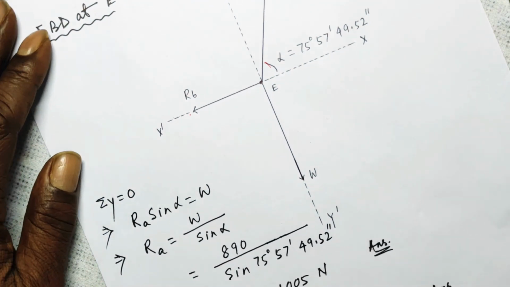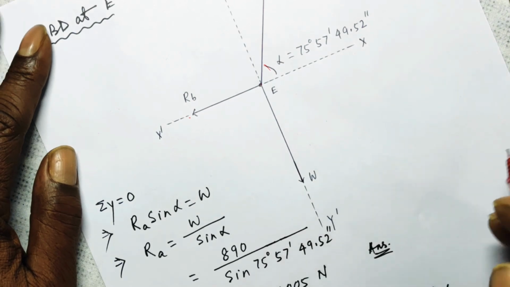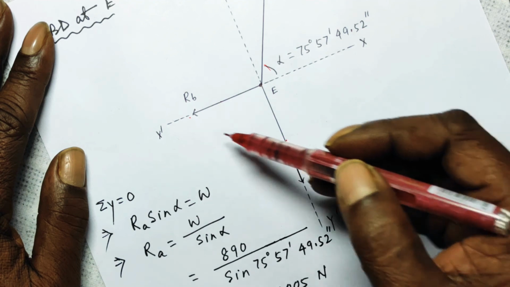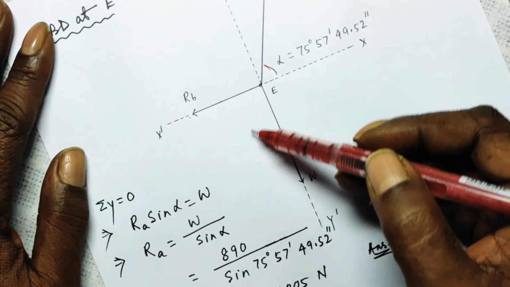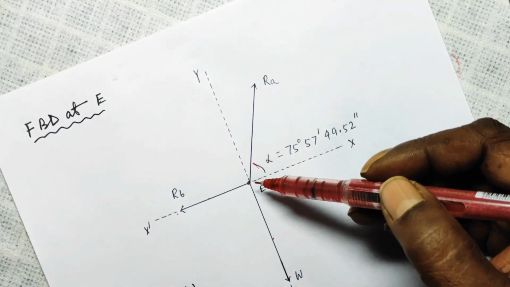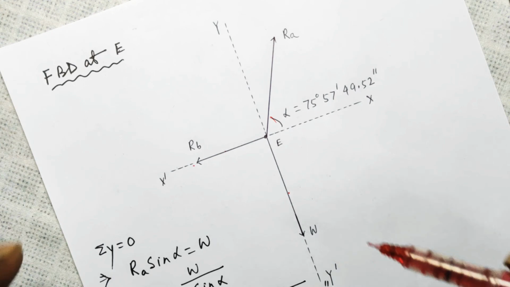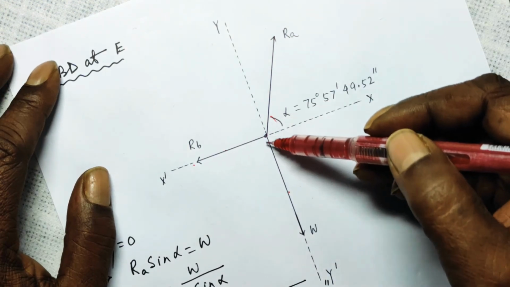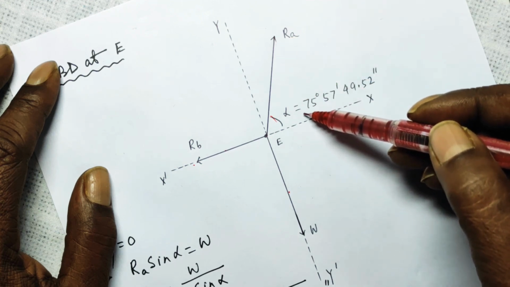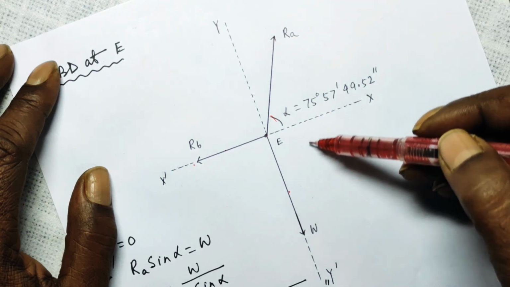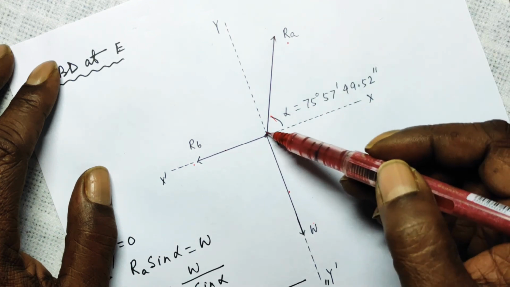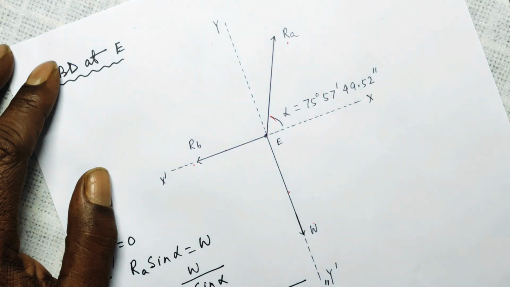Now again the same argument. The resultant of any two, meaning the resultant of this and this, which will be to this side, will be equal and opposite to RA for the condition of equilibrium. Or if you consider the resultant of RA and W by constructing a parallelogram like this, then the resultant of RA and W should be equal and opposite to RB.